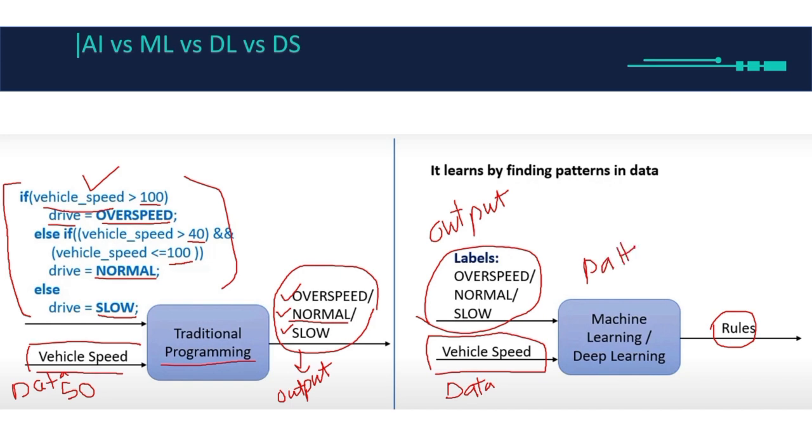Okay, let's say I have a bunch of spreadsheets, and let's say I have a spreadsheet here. It's called drive speed, and then I have the outcome.